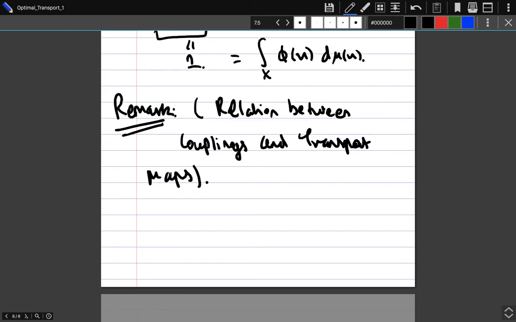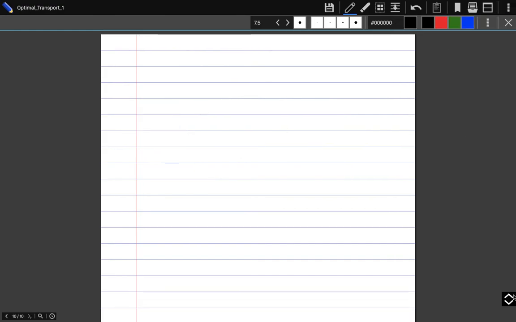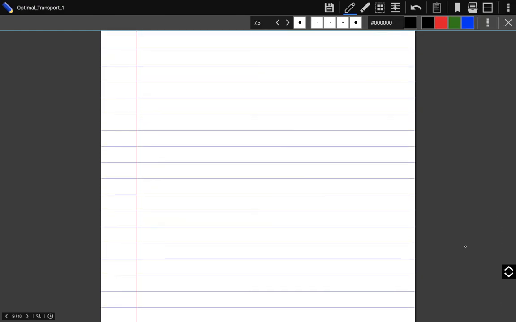So we defined these two ideas, and it's always good to understand how they're related to each other. So let me do this on another page. So how are they related? So the objects of interest are T, which is a map, let's say our transport map. And so in particular, it will satisfy this condition. Of course, we're given mu and nu as two probability measures.